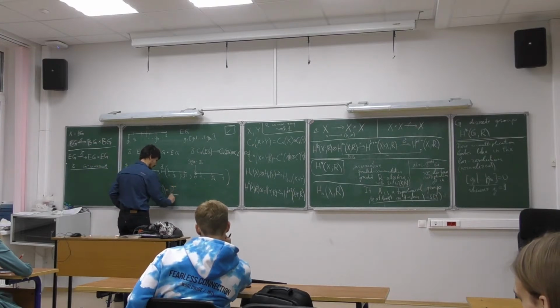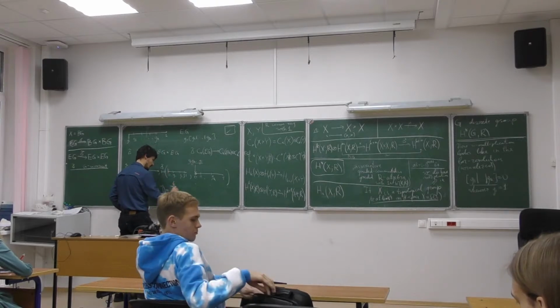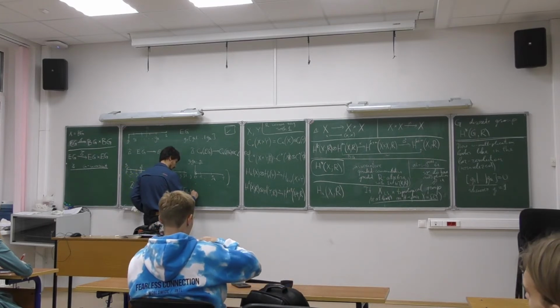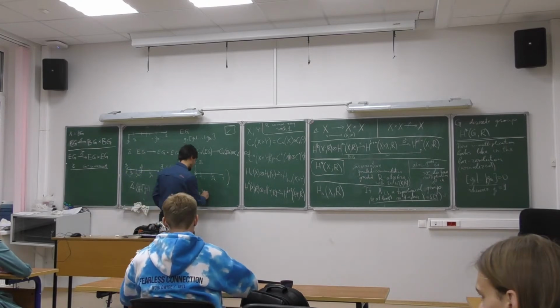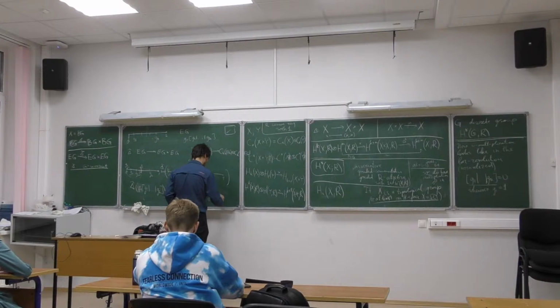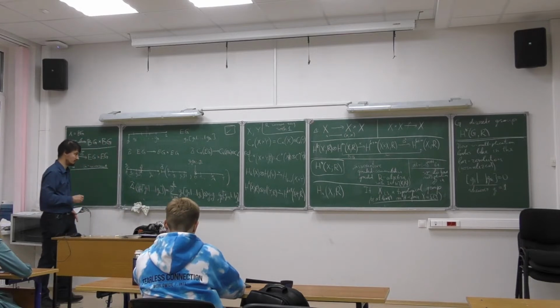We take the sum over i from 0 to k. The left cell is like that, up to gi. And here we have g0, g1, gi, sorry, and here we have gi plus 1, gk. So we have such a nice formula.